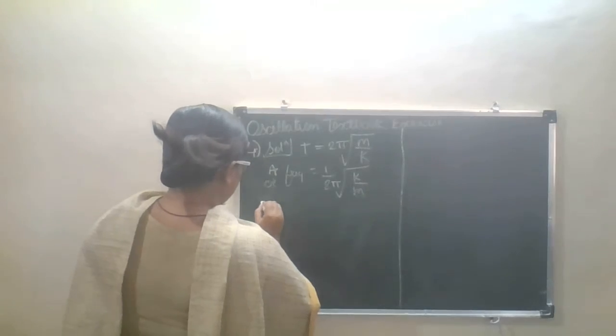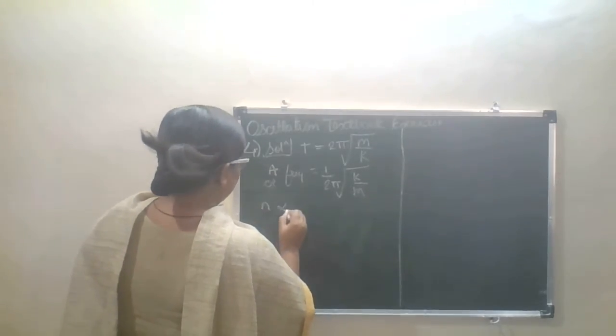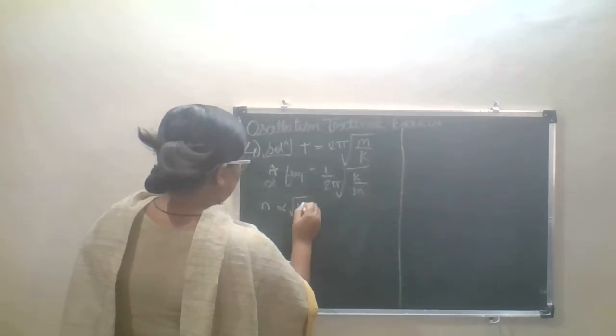And n is directly proportional to the square root of k.